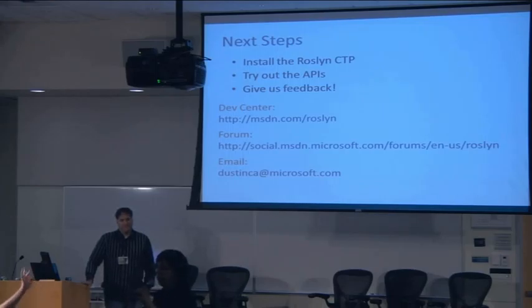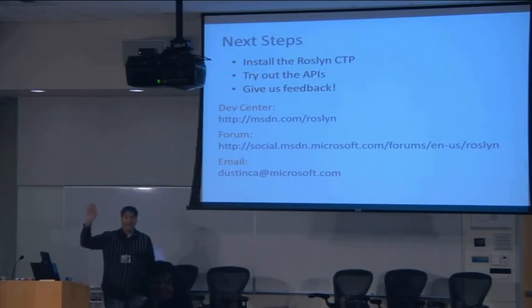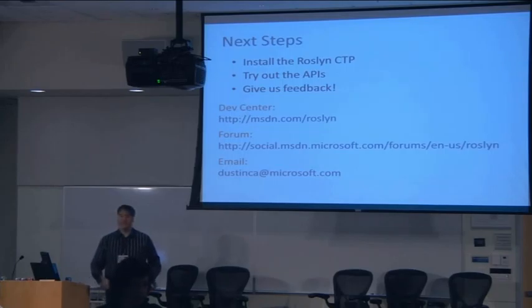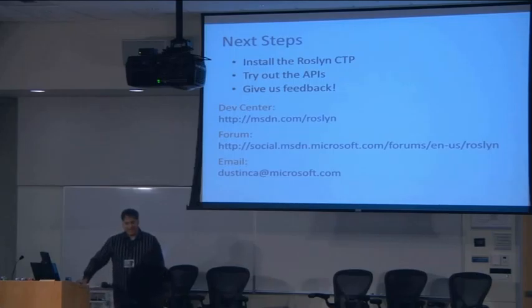All right, time for one more question. I'll be going out afterwards, so if anybody's going out, we can talk and chat. How extensible are things like the grammar? Can I add new productions and new parsing? That is one of the things I forgot to mention in what Roslyn isn't. Roslyn is not about adding new keywords to C#.